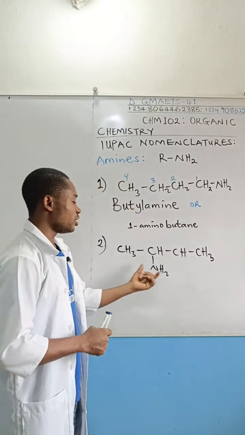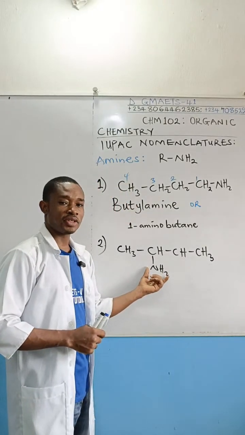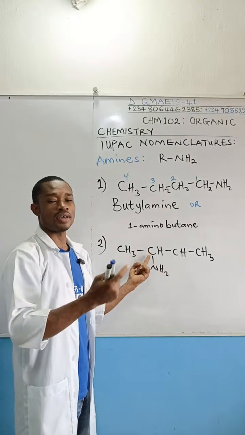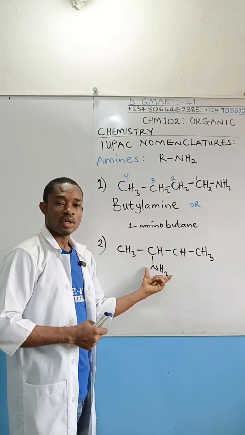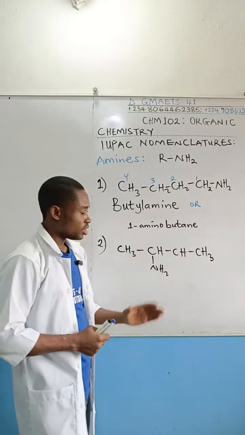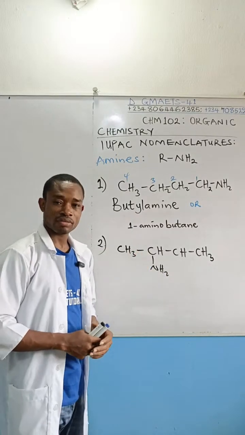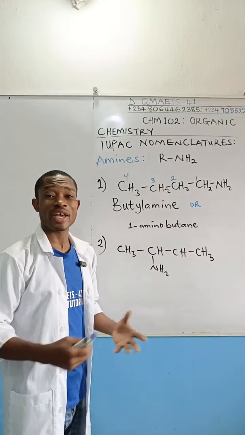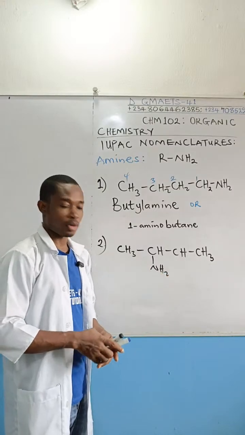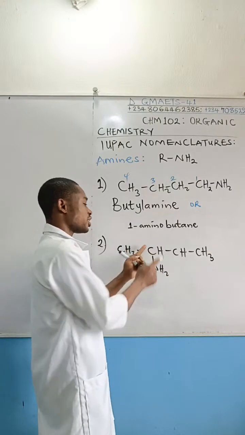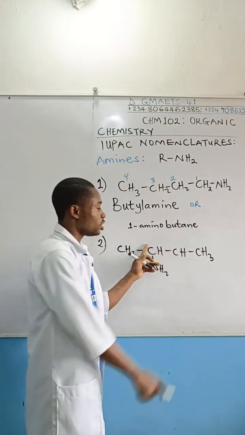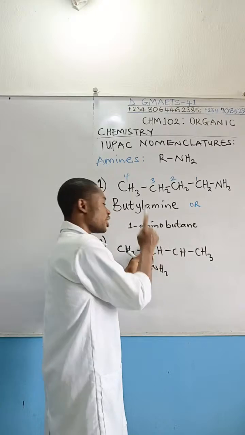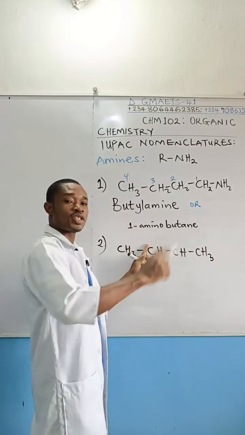Functional group of amines is this NH2, then linked to alkyls, right? Now, where is it closest to? It is closest to the left in this case. Or you can say which direction we give the lowest sum to that functional group. If I go this way, 1, 2, on the second carbon atom, you have the NH2. If I come this way, 1, 2, 3, on the third carbon, you have it. So 2 plus 3 will give you 5.